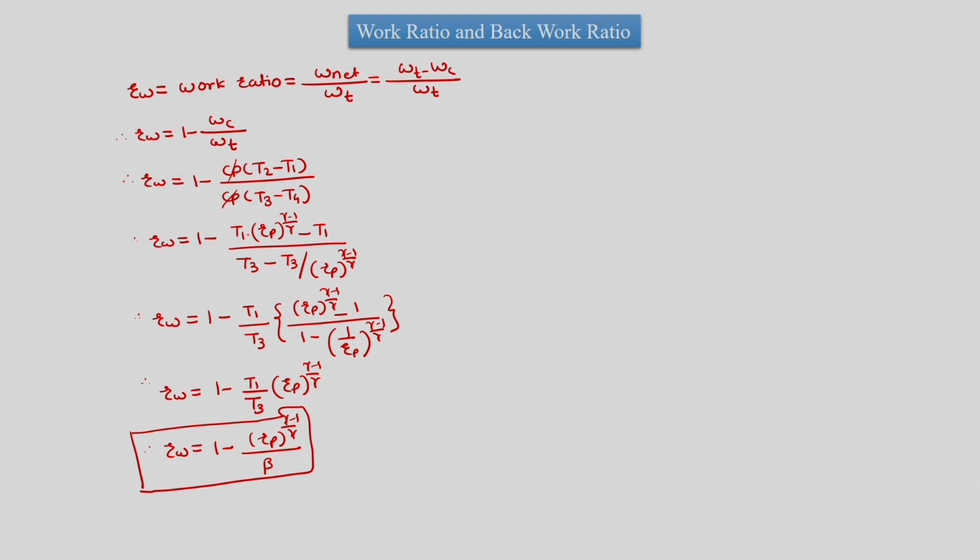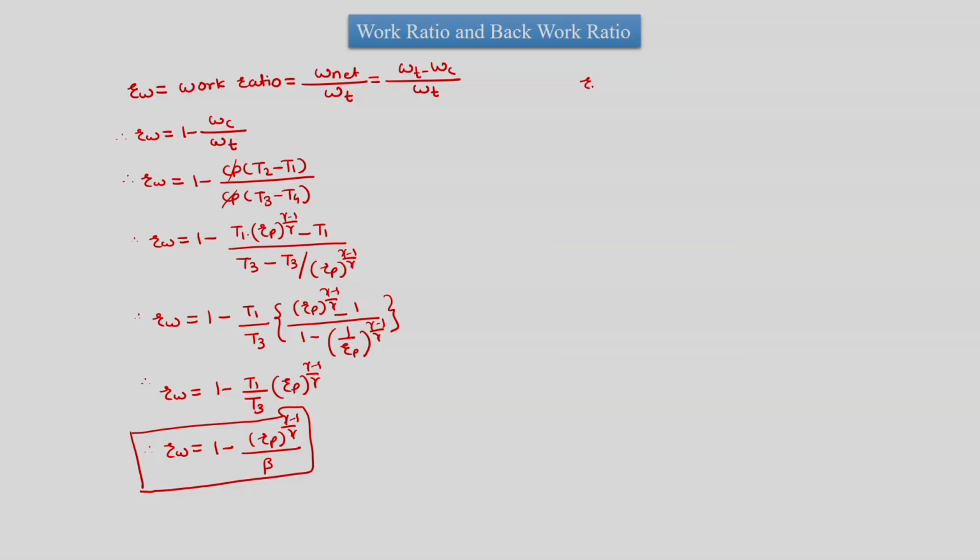From the known Rp, known beta, and known gamma, we can find out what is the work ratio. There is one more term which is RB, which is back work ratio, and back work ratio is defined as compressor work divided by turbine work.